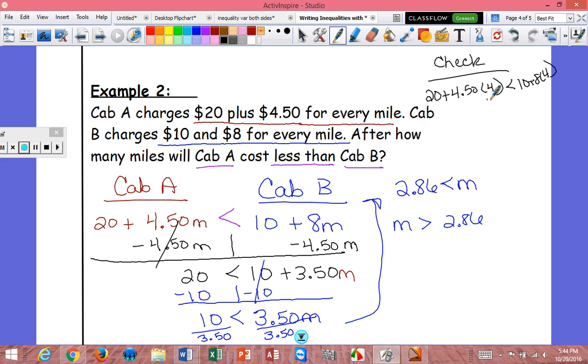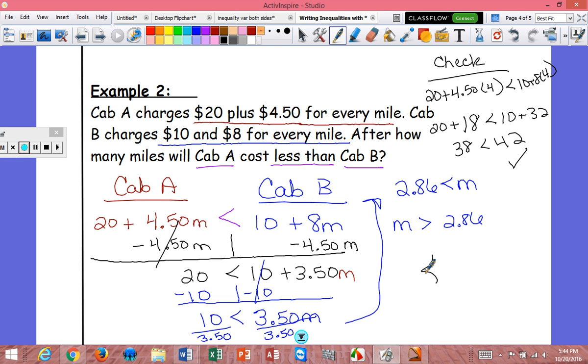And again, this is a little squished, so I apologize for that. So I am going to have 20 plus 18, should be less than 10 plus 32. So then this would be 38. This would be 42. 38 is less than 42, so we know that our answer is correct.